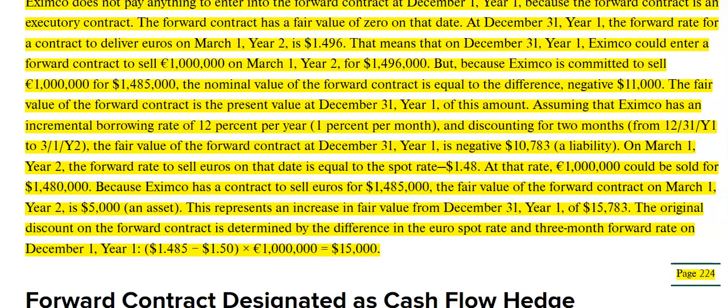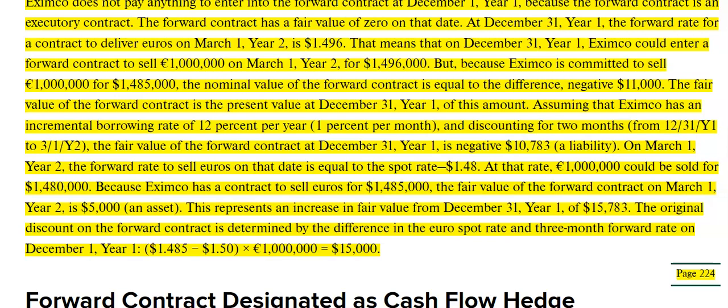At that rate, 1 million euros could be sold for $1,480,000. Because X&Co has a contract to sell euros for $1,485,000, the fair value of the forward contract on March 1, year 2, is $5,000, an asset. This represents an increase in fair value from December 31, year 1, of $15,783.